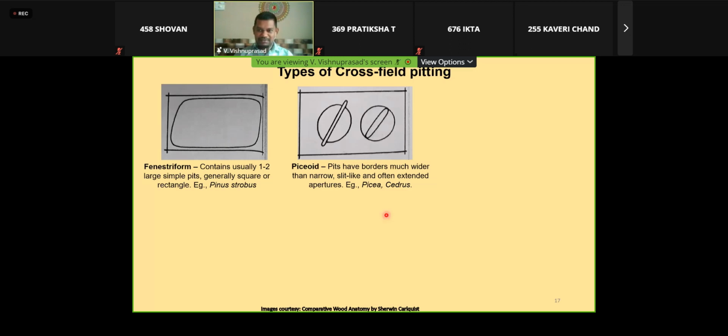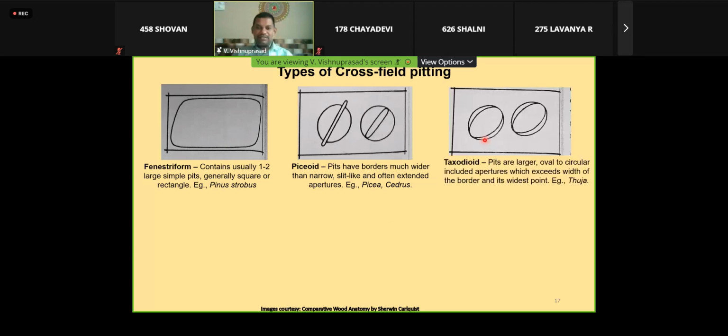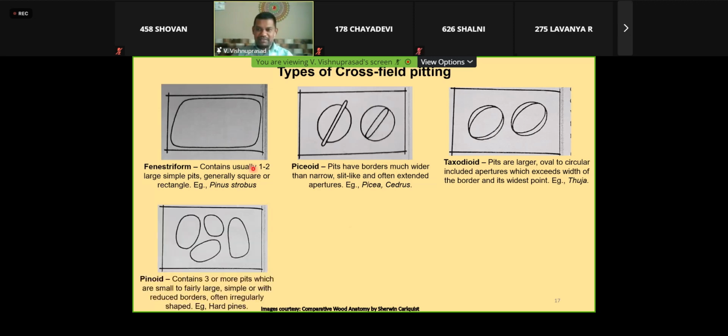Then you have pinoid pits. There are some hard pines which are present in the high altitude regions. For that, the pits are slightly different. They are very similar to fenestriform, but in fenestriform there are 1 to 2 large simple ones. In pinoid, there are 3 or more pits which are small to fairly large, and they are often irregularly shaped.